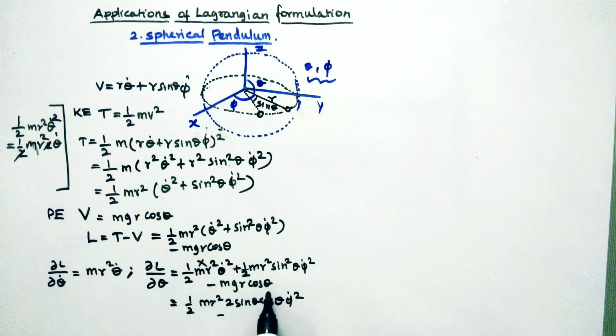Cos theta is replaced by minus sin theta, and since we already have a minus, minus into minus gives plus m g r sin theta.